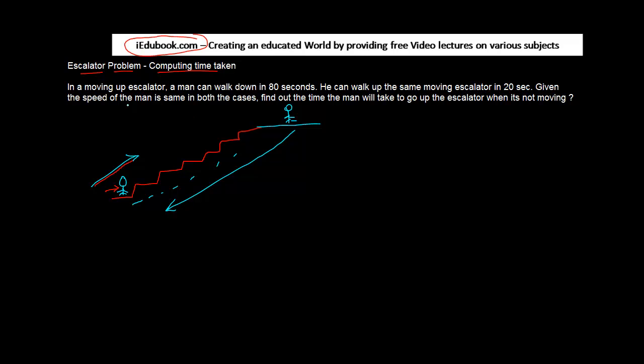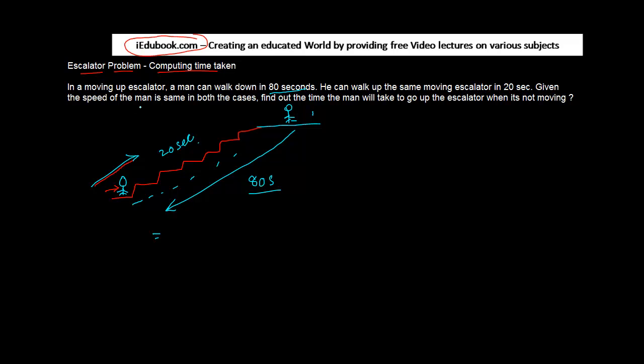So what does the question tell us? In a moving up escalator, a man can walk down in 80 seconds. So the direction of the escalator is up, but the man is walking down, coming from top to bottom, and it takes 80 seconds. He can walk up the same moving escalator in 20 seconds.